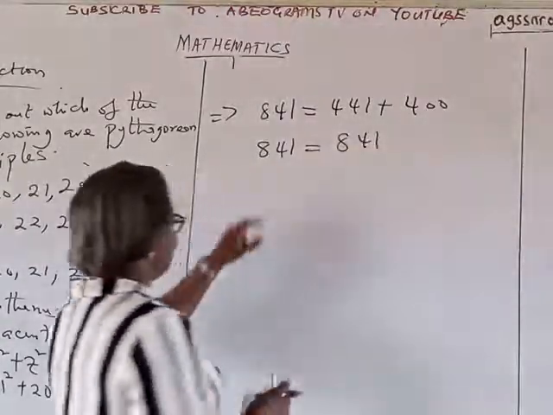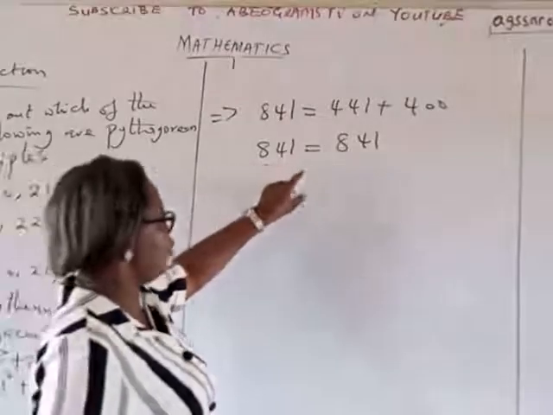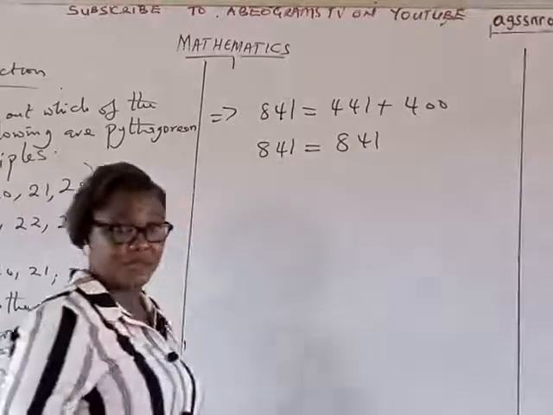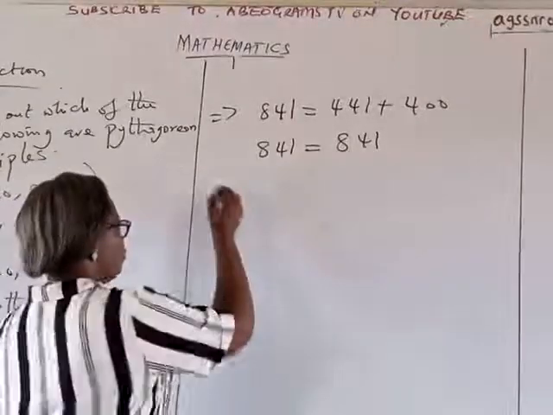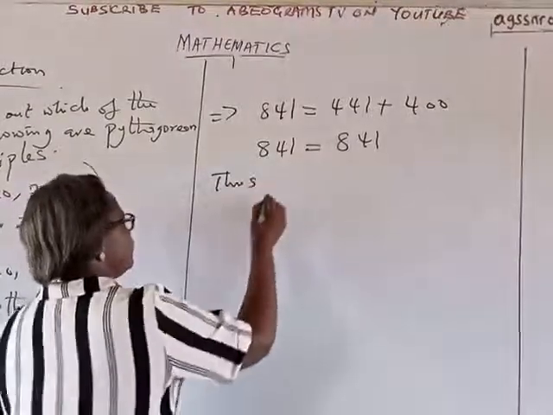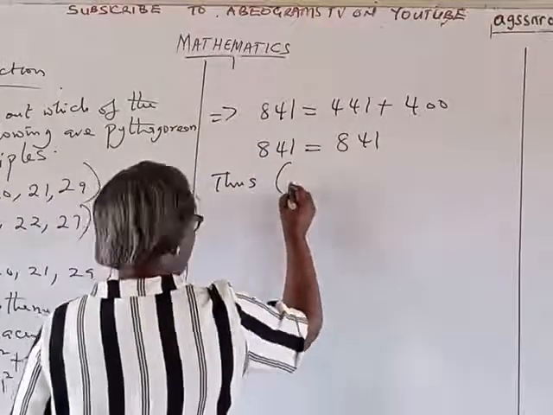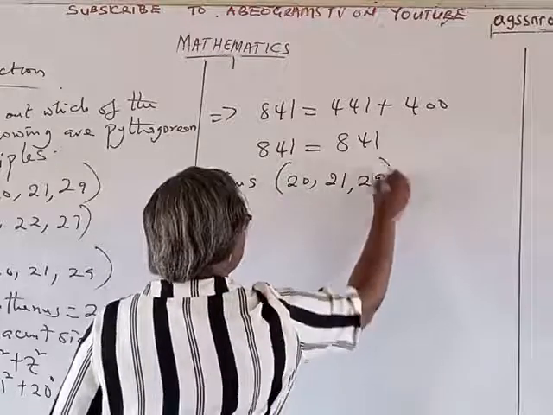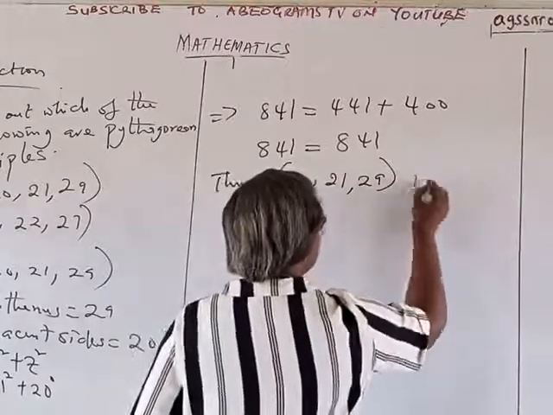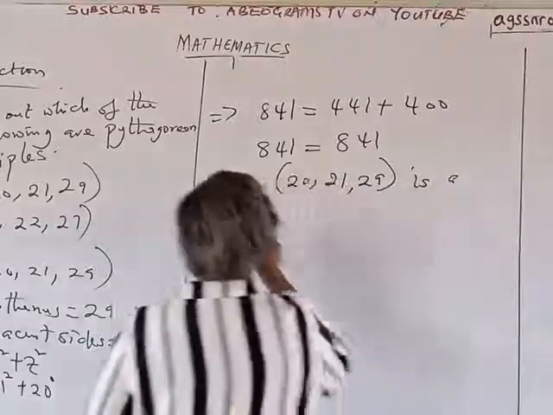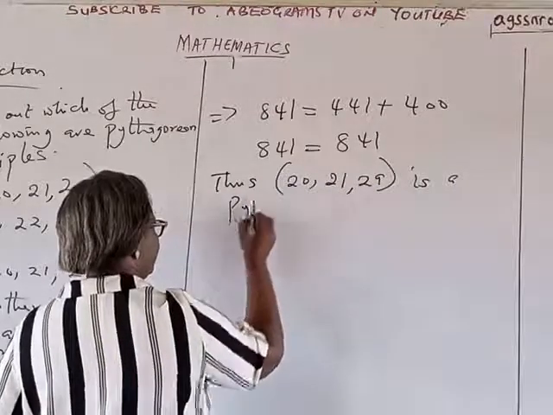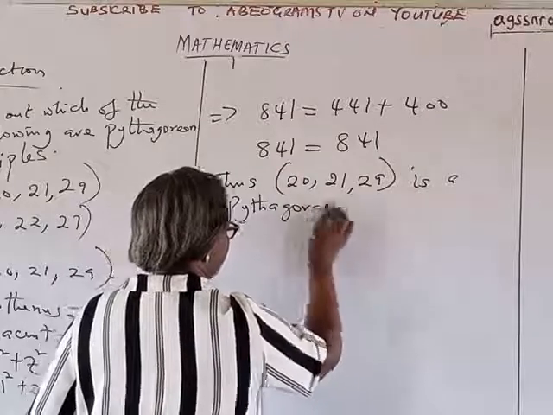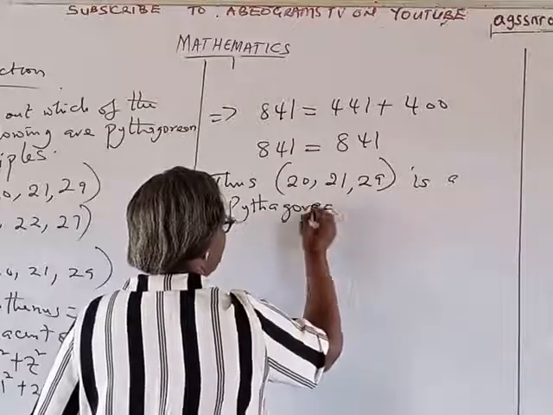So you can see that what we have there is actually equal to what we have there. As they are equal, that makes them a Pythagorean triple. So we can then say thus the set 20, 21, and 29 is a Pythagorean triple.